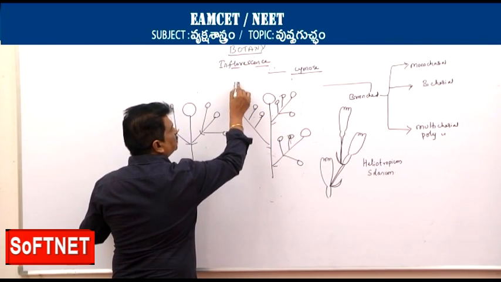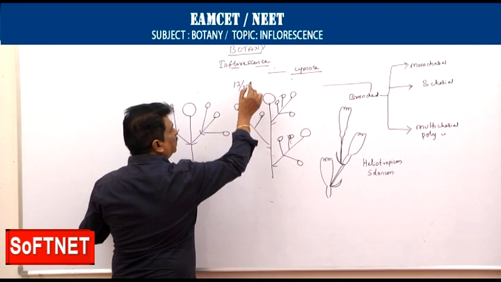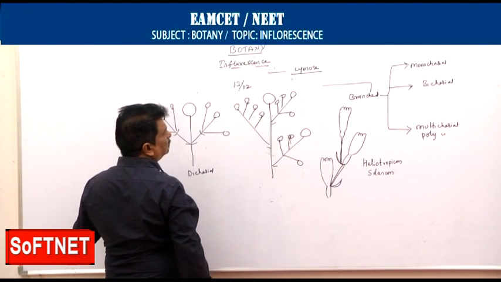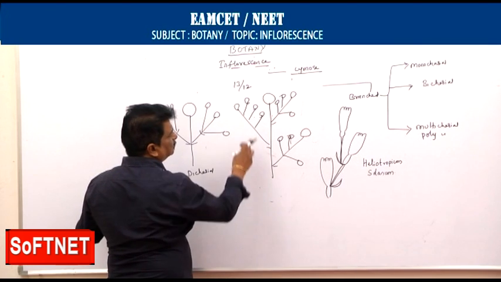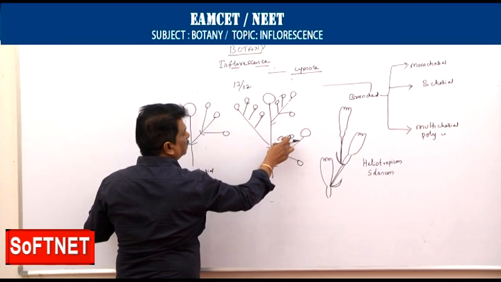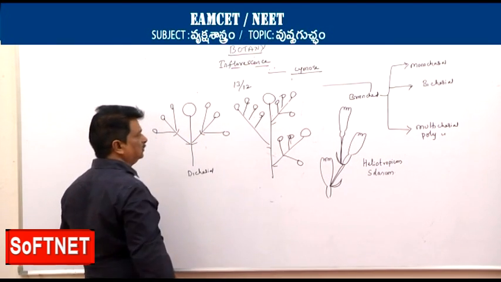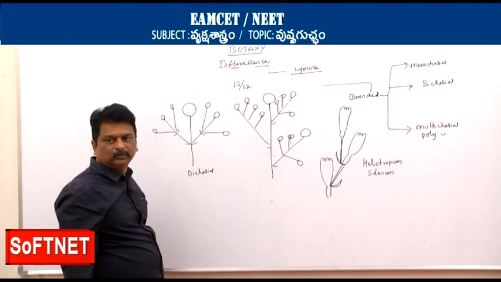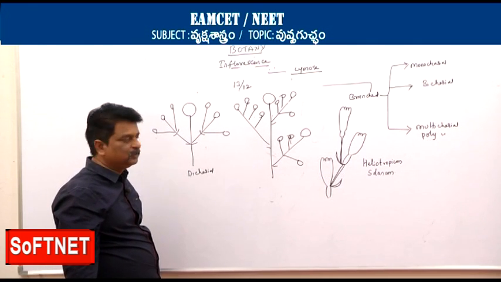So second generation means 13 flowers and 12 branches. On that we can do problems also.